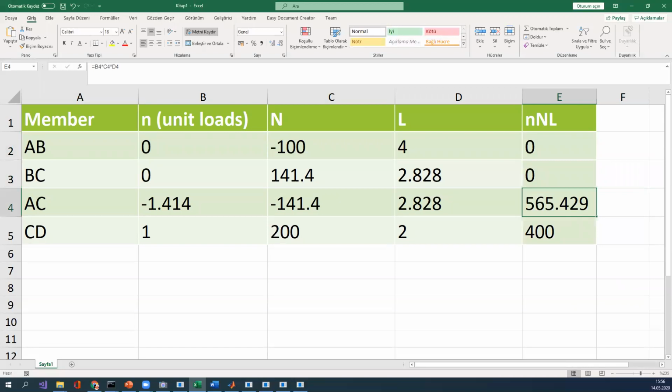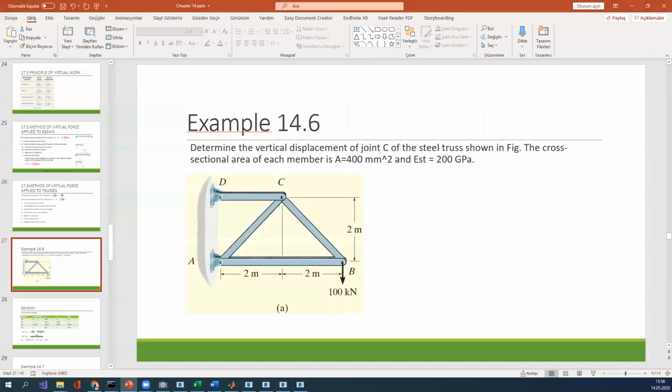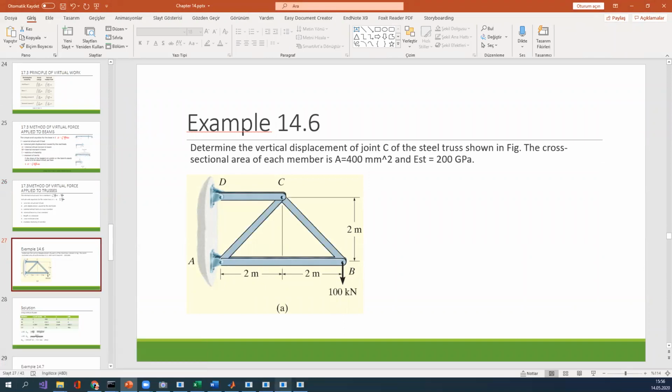Also in the question, the area is 400, modulus of elasticity equal to 2000.